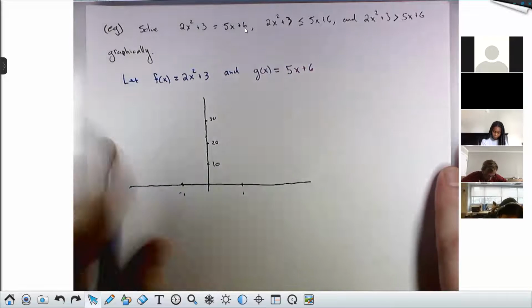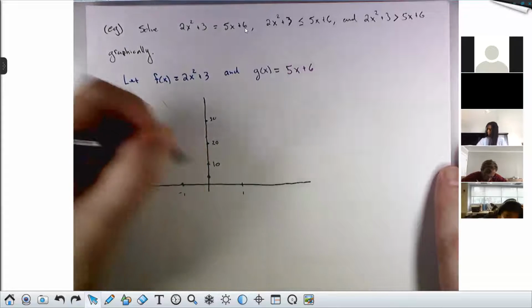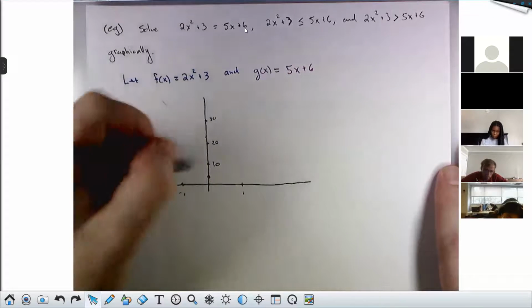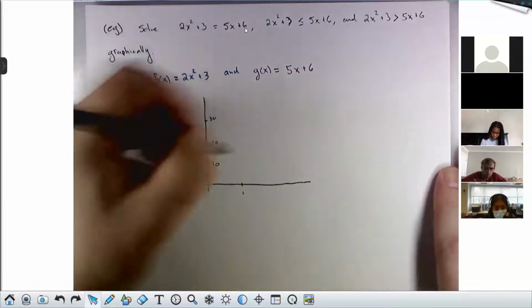f of x, 2x squared plus 3, is a parabola with a vertex at (0, 3), opening up and stretched vertically by a factor of 2. It looks like this.